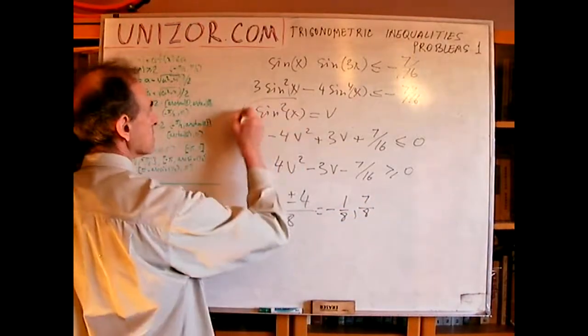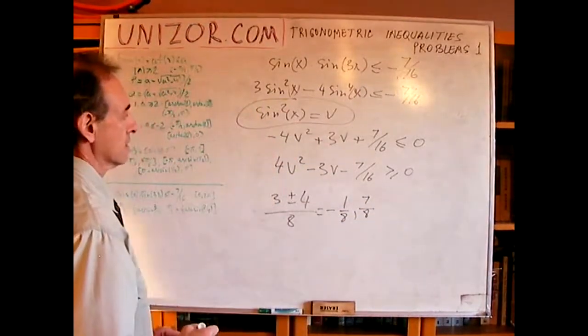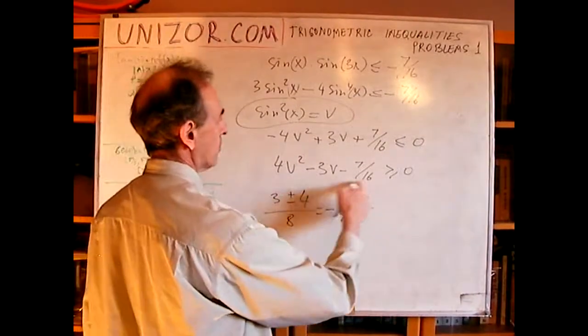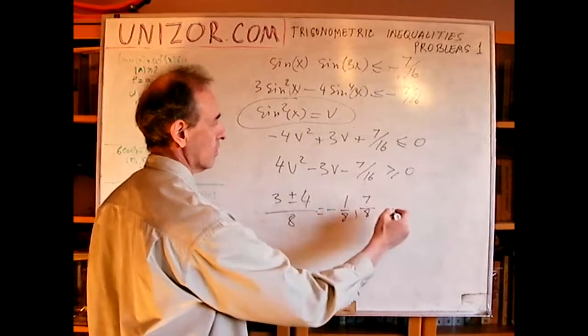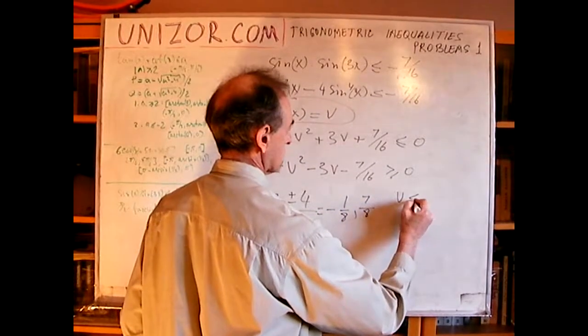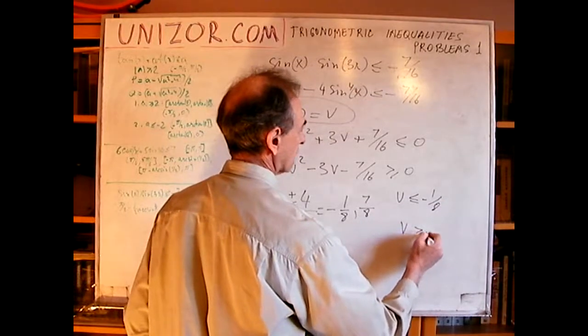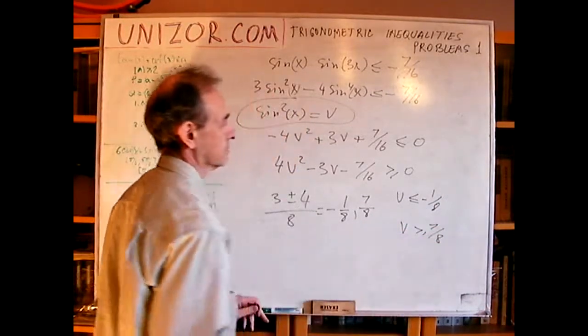And this is sine square. Now, this particular parabola is greater than 0 when v is less than or equal to minus 1/8, and v is greater than or equal to 7/8, right?